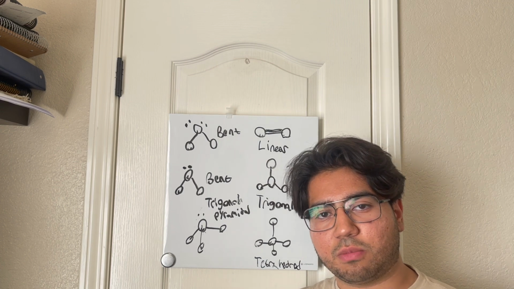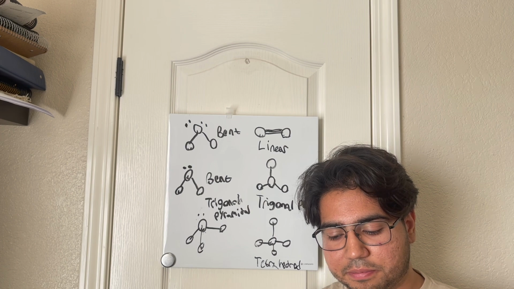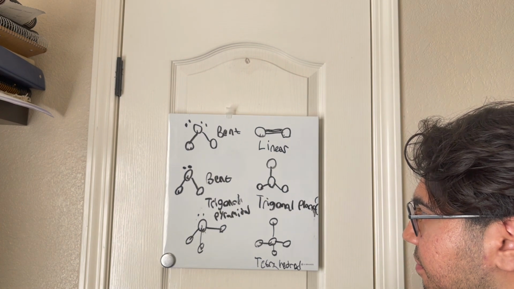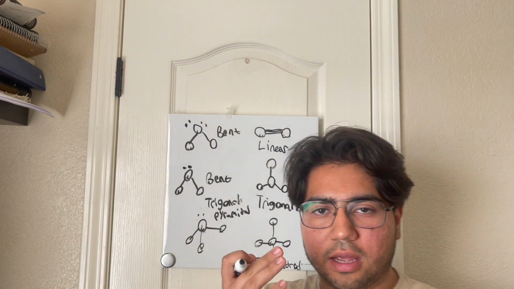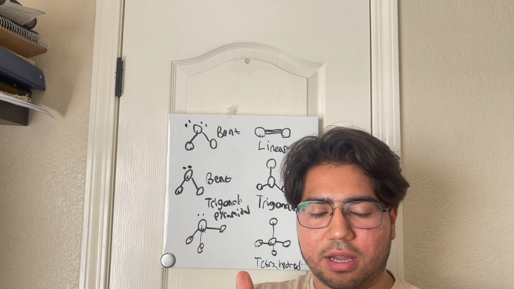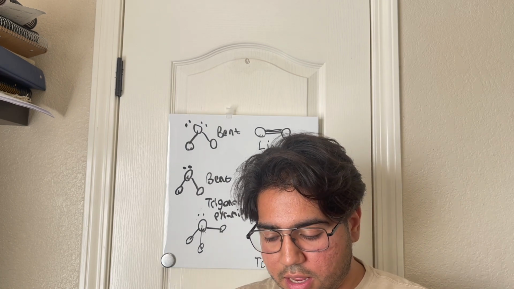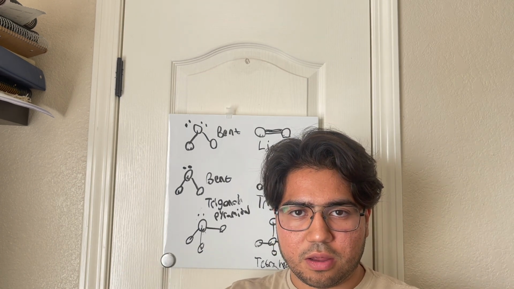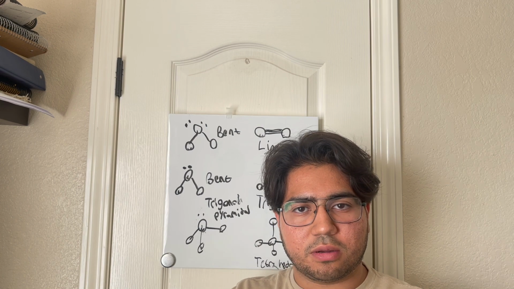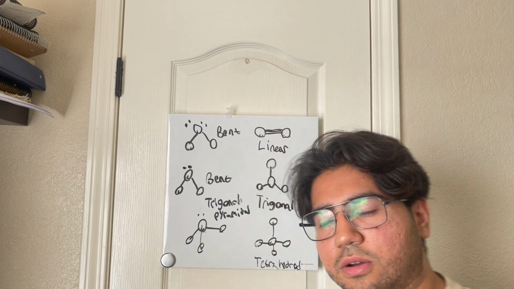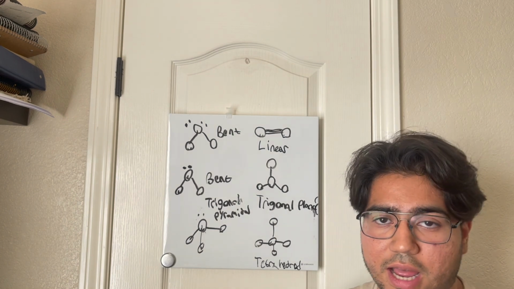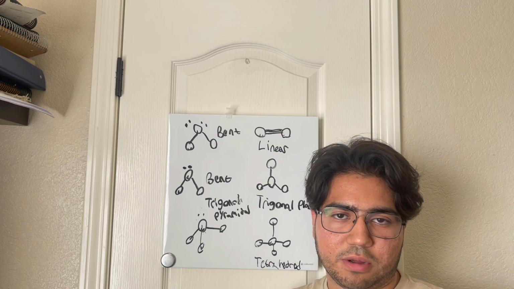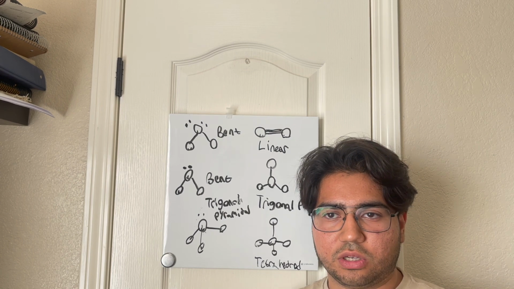So geometry is important because not only does it accurately represent a structure in a 3D world, but it also helps us understand its polarization and if it's polar or non-polar, which then can help us understand how this compound behaves. So this is really important to chemistry. We have to understand, okay, what's the structure? How does it affect the compound? So that's why geometry is important.